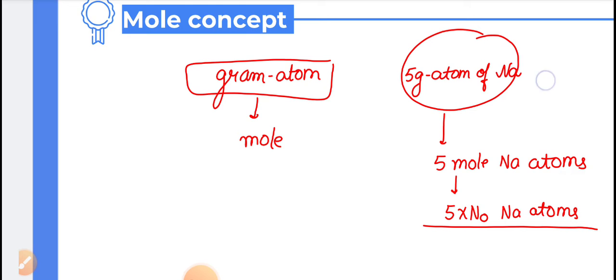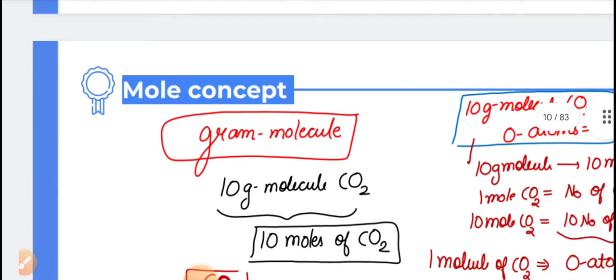This is gram atom. Which means 5 × Avogadro number of sodium atoms, right? We already know that 1 mole is equal to Avogadro number of atoms, so we write Avogadro number instead of mole and multiply it with 5.